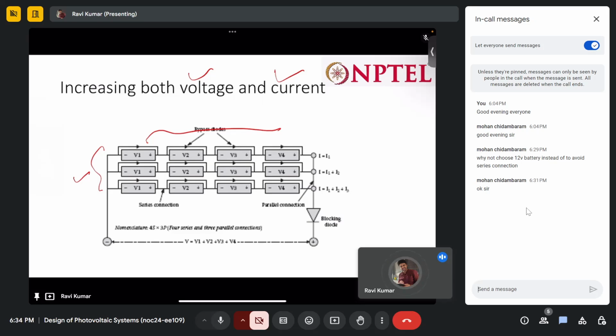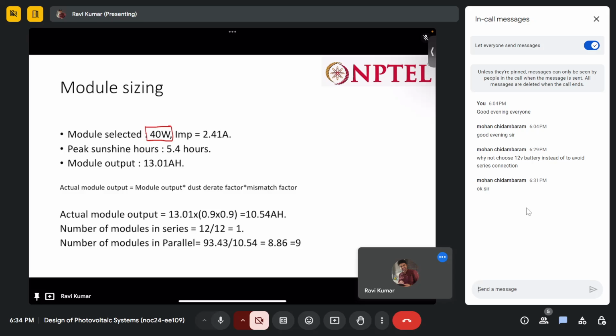From the market survey for this example, we have selected a module of 40 watt with IMP, the maximum power point current, of 2.41 ampere, and we have already seen that our radiation is 5.4 hours per day, and module output will then be 13 Ah. So what is the actual module output?